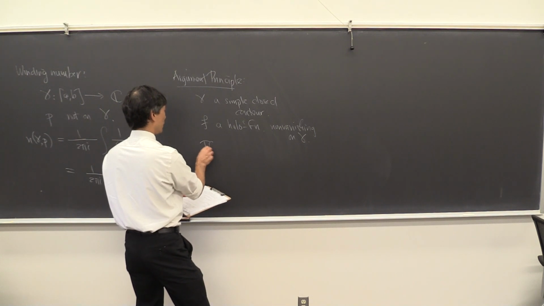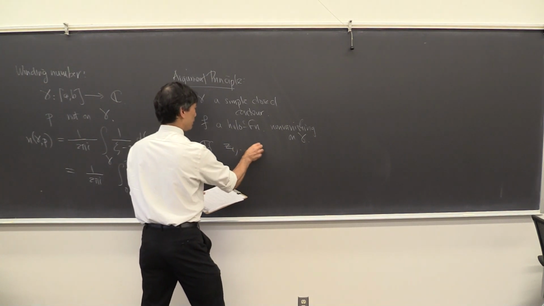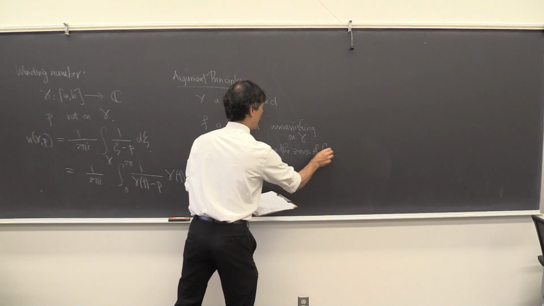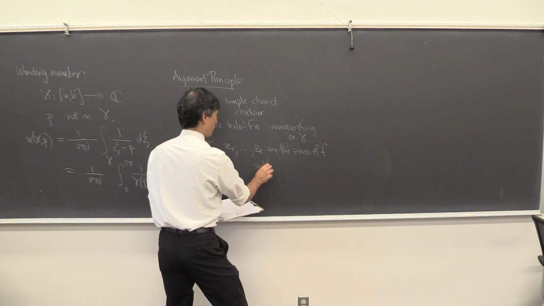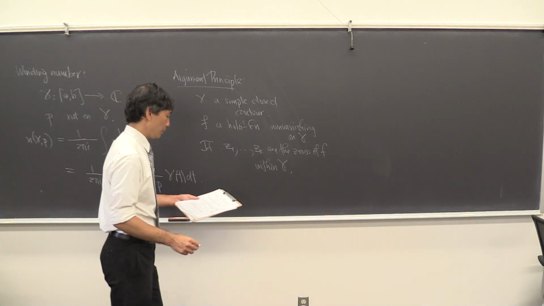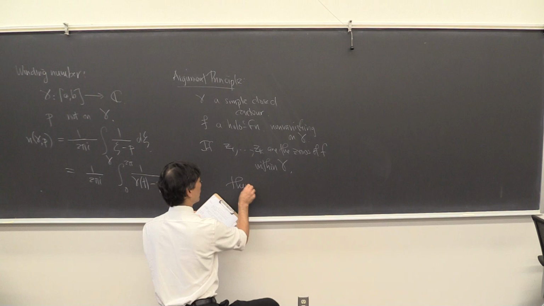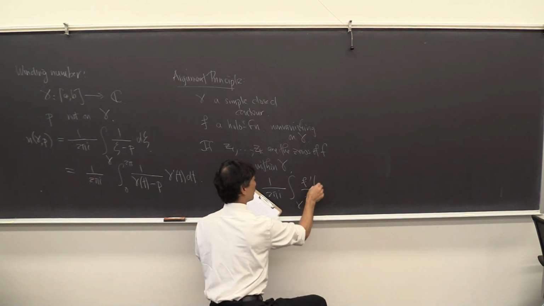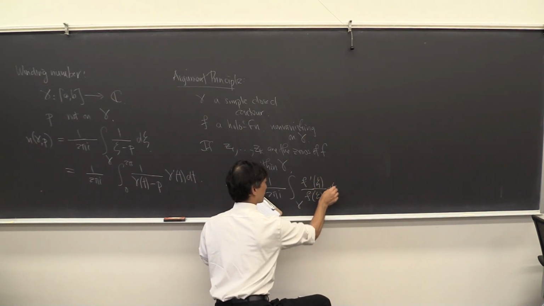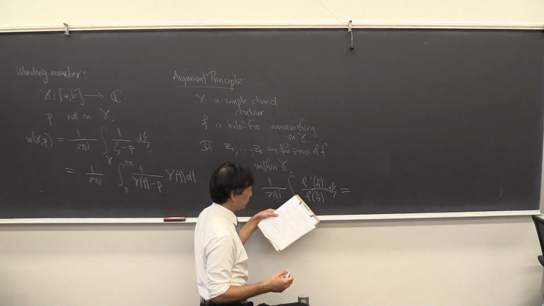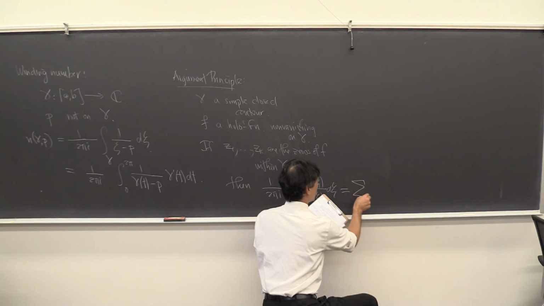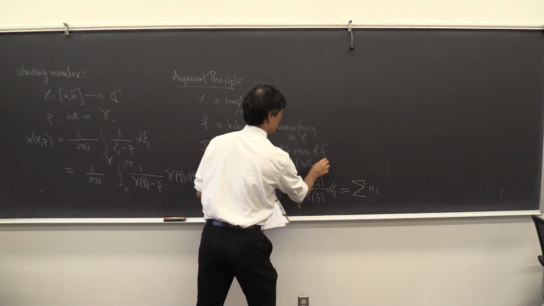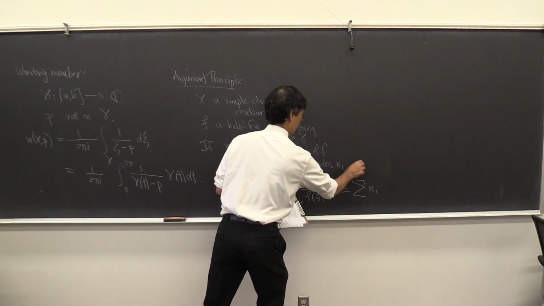Then if z1 to zk are the zeros of f within gamma, then 1 over 2 pi i, integral of f prime over f, equaled the sum of all the orders, so equaled the sum of the ni, with orders n1 to nk.